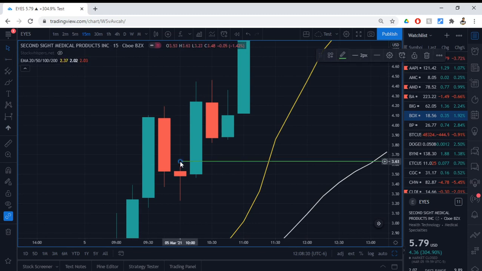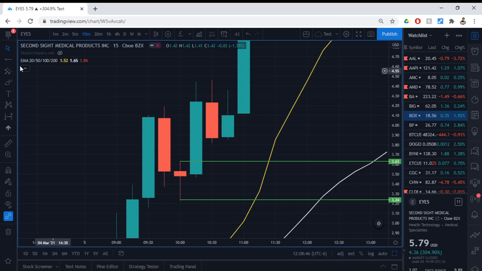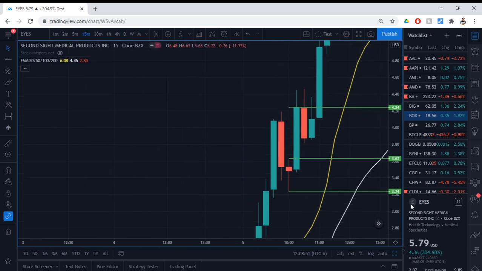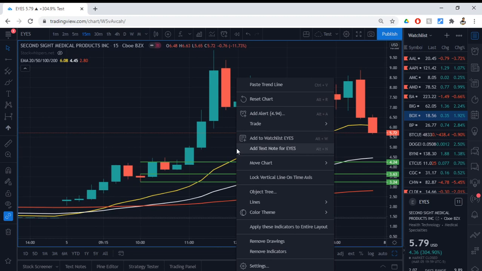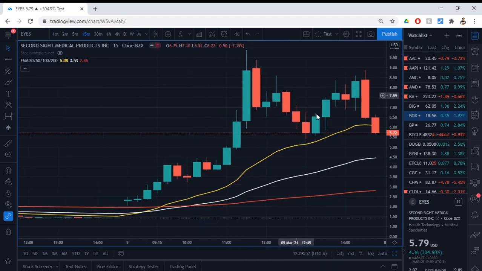It opened right here, inside this candle, and it did not make a new low, and it closed outside of it. Okay. Understood. Thank you. That's for the ultimate strategy. For the other ones, it's different.